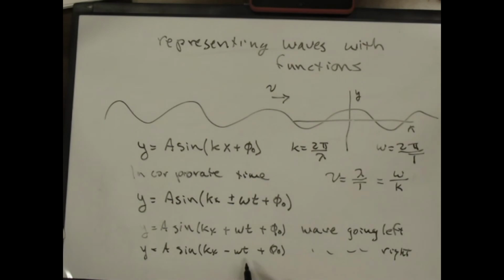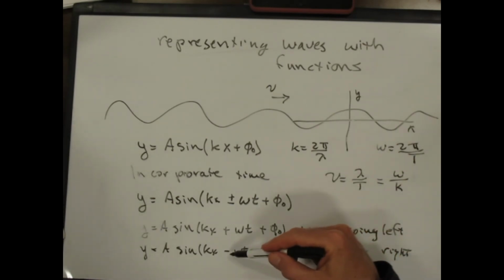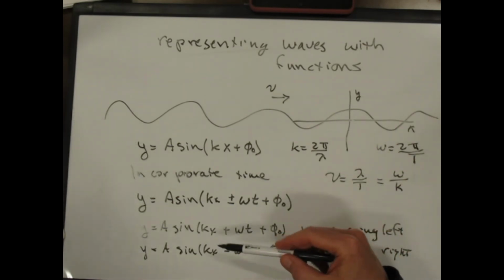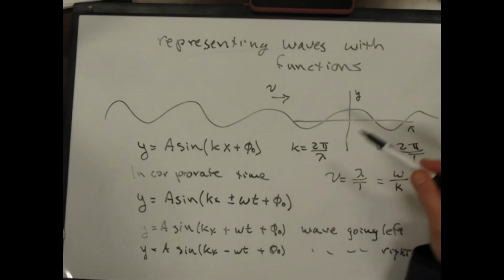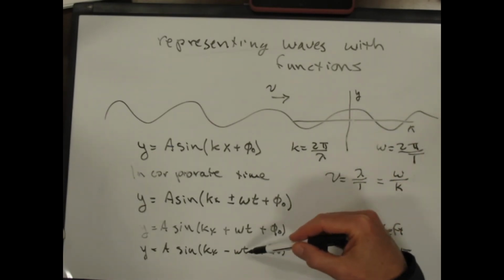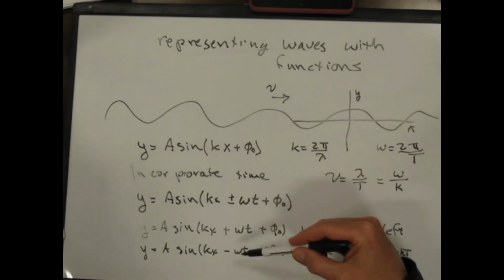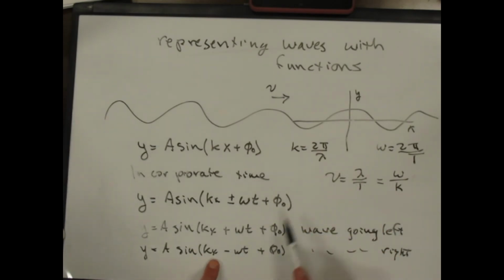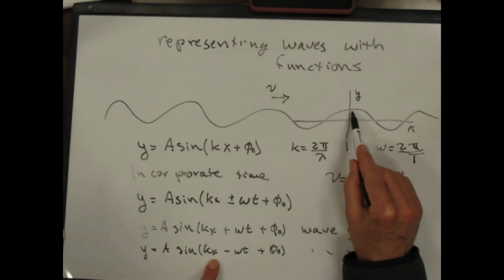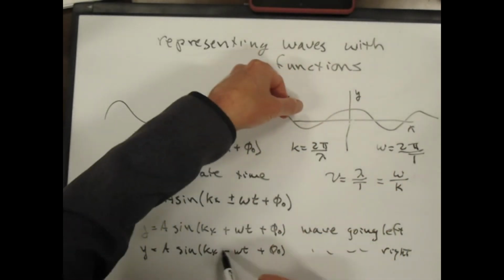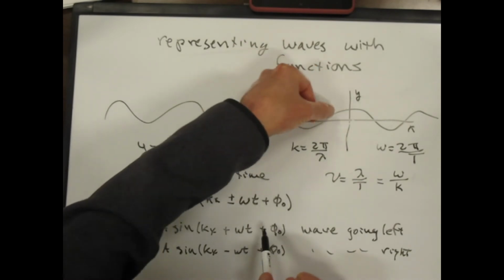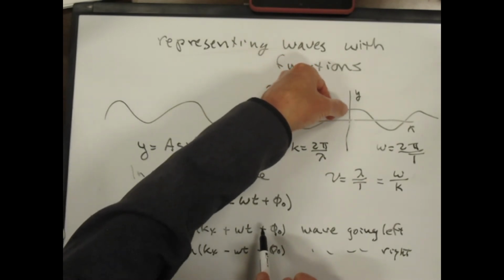I'm going to show you in another video, but I can kind of explain to you why this one is a wave moving to the right, right? If you, again, pick x equals 0, so we're just looking at this spot, then if I have a minus sign here, the next thing that's going to be at the origin is going to be at minus omega times some time interval.